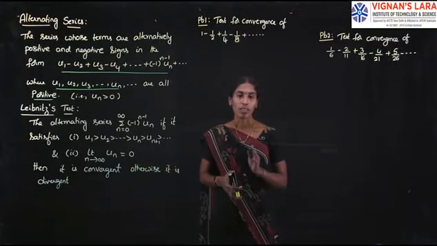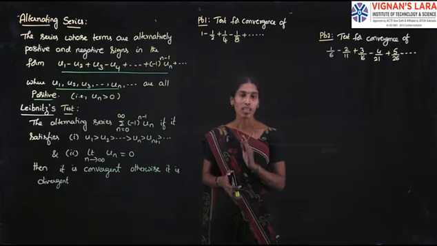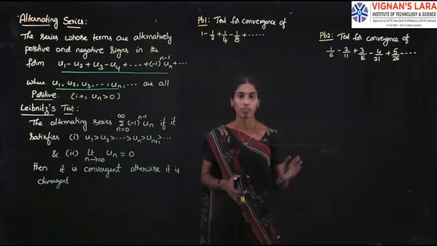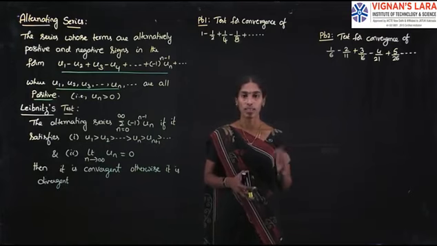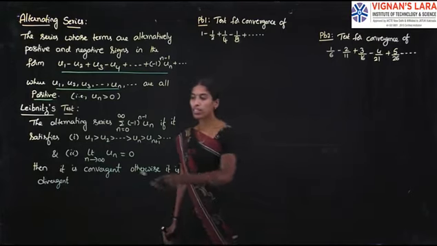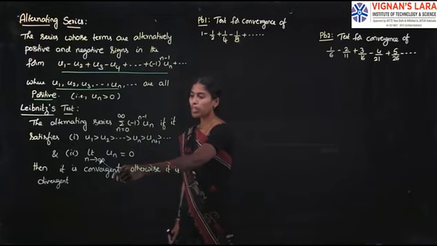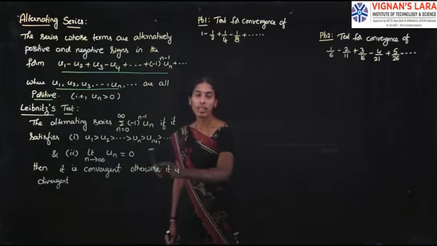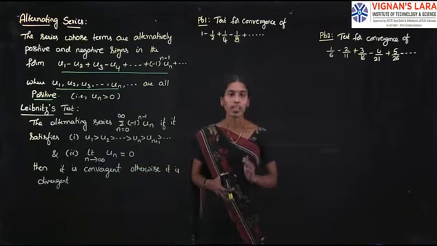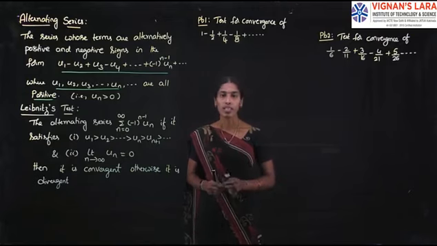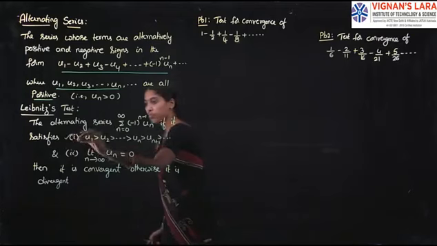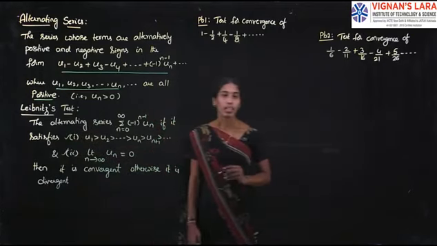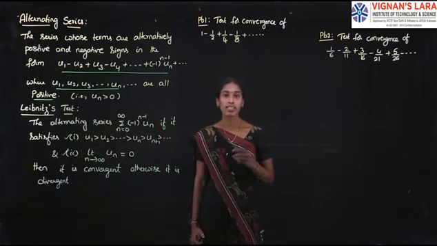That means the terms of the series are gradually decreasing, otherwise non-increasing terms. Second condition: limit as n tends to infinity of Un is equal to 0. If any alternating series satisfies these two conditions, then that alternating series is convergent.